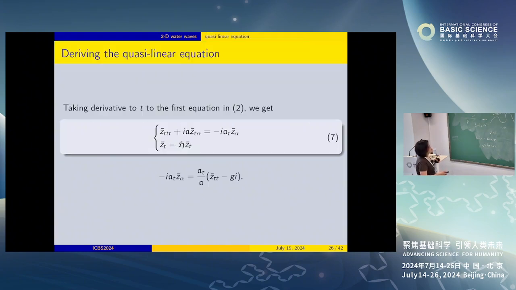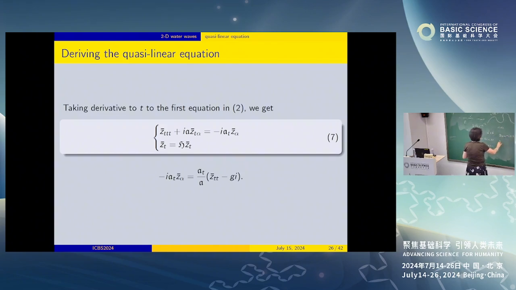Okay, so now, we have also learned in these early works that by taking one more derivative in time, you exactly get a quasilinear equation. So how do we see this? Remember the Euler equation is Z_tt plus i equals iA Z_alpha, right?